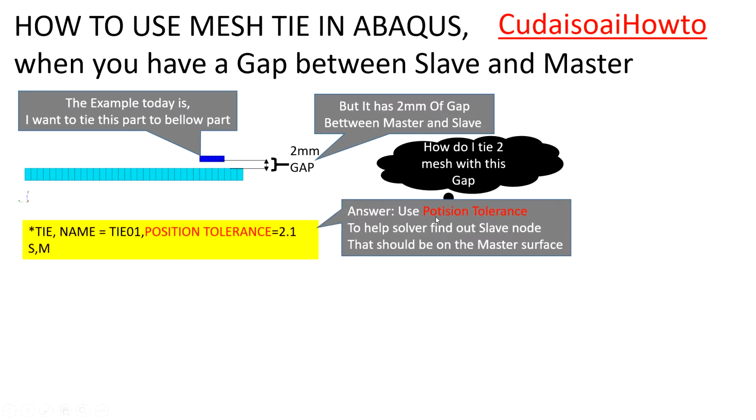The answer is use the position tolerance. To have solver file slave node that should be on the master slave.